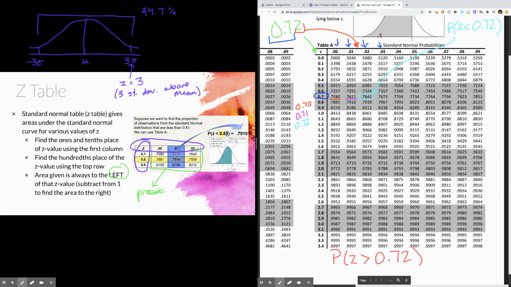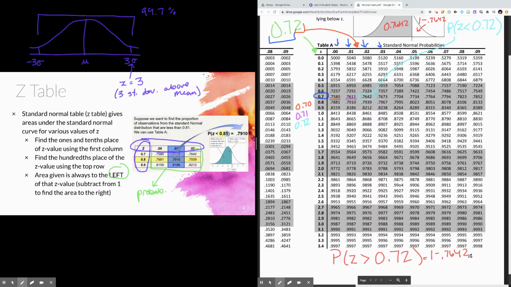If this area is 0.7642, and that's the area less than 0.72, then the area above has to be 1, or 100%, minus 0.7642.